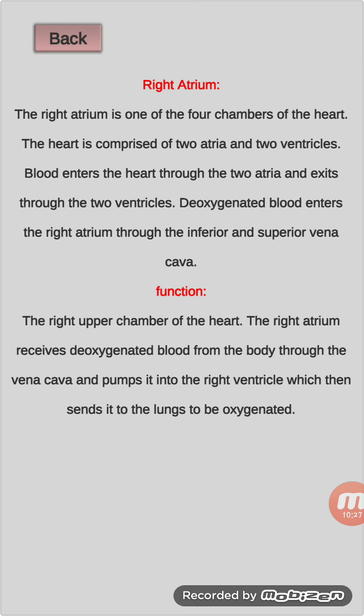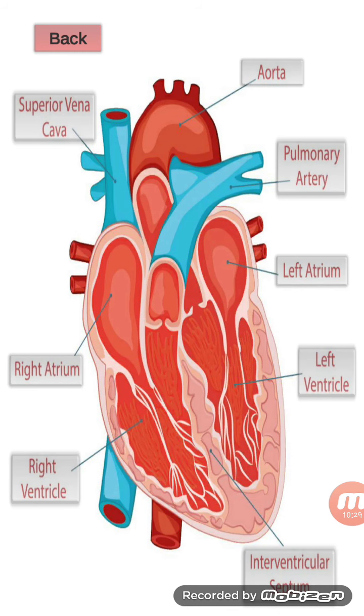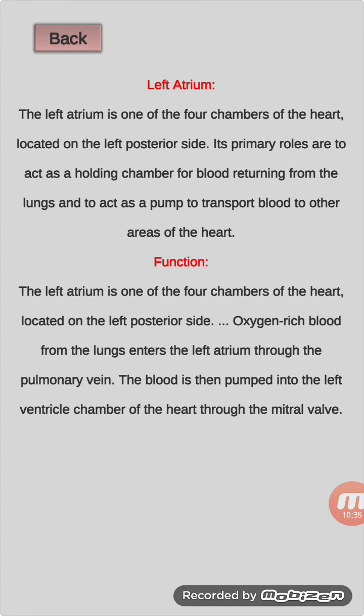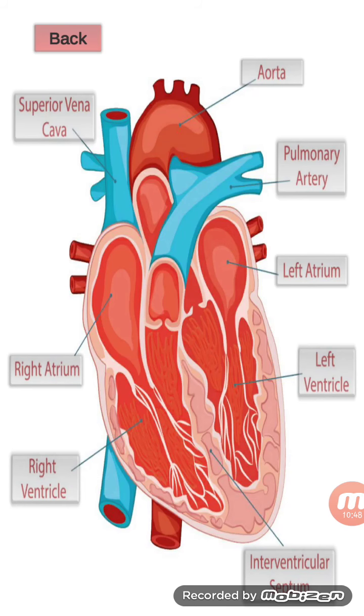This left atrium receives oxygenated blood from each lung through two pulmonary veins. Atria and ventricles are separated by a membrane, the atrioventricular septum.